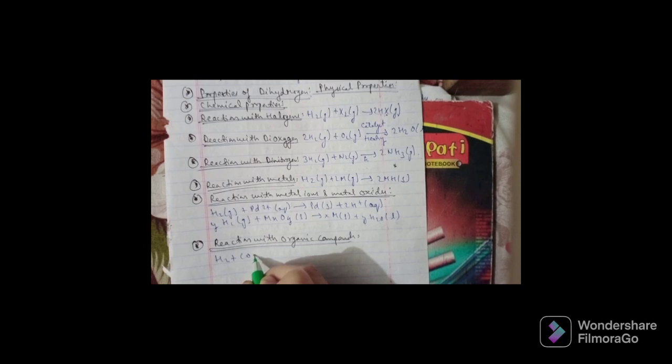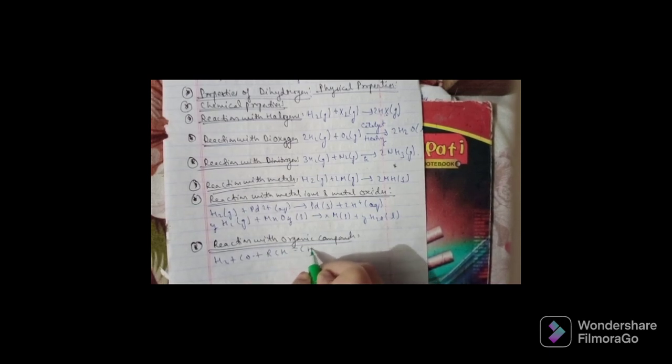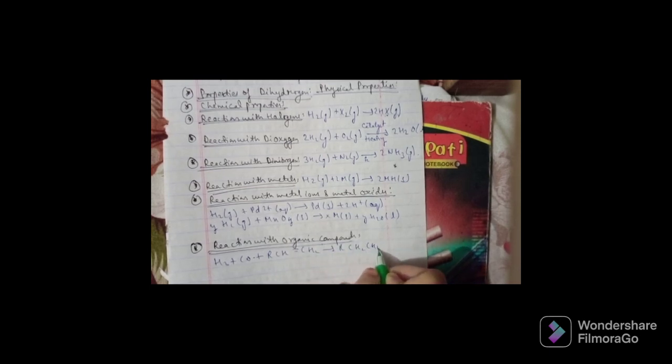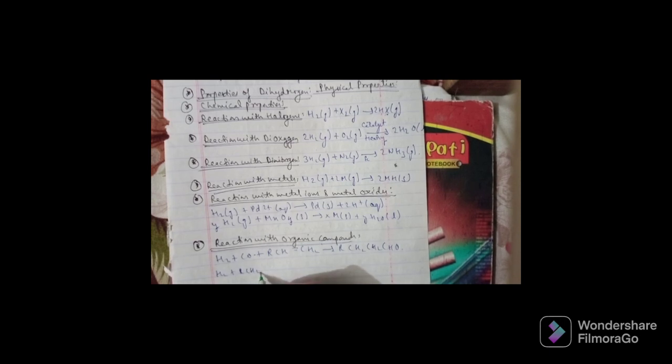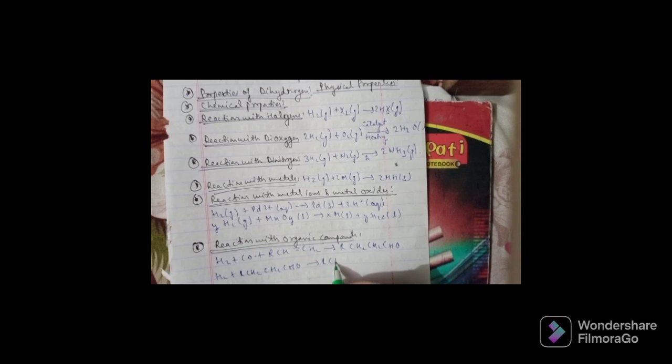So that will be in the form H2 plus CO plus RCH=CH2 will give RCH2CH2CHO. The other one we have is H2 plus RCH2CH2CHO, which will give you RCH2CH2CH2OH.